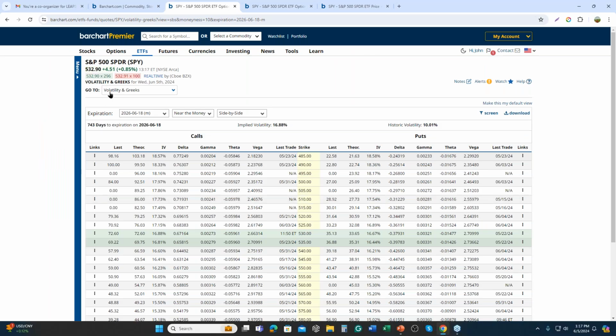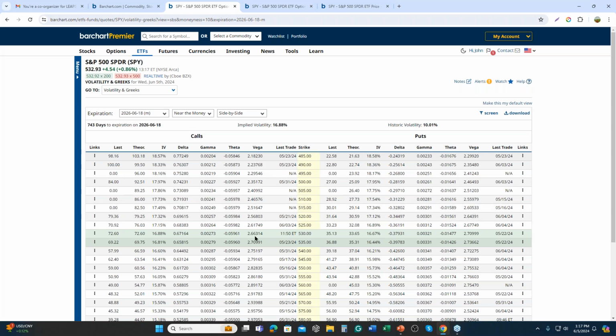So again, I'm back in my SPY. Here's my volatility and Greeks, and again, I'm looking at that June 26 option. You can see here our vega, which is our sensitivity to a change in volatility.